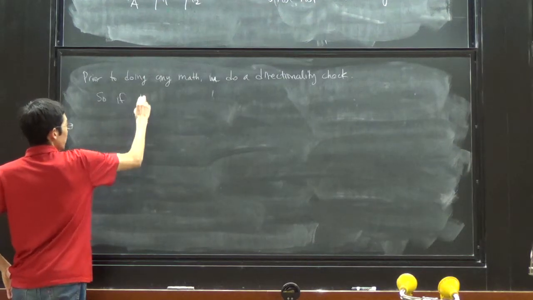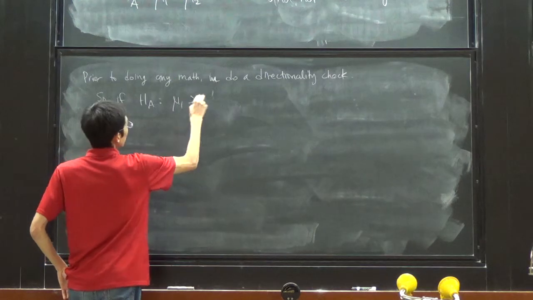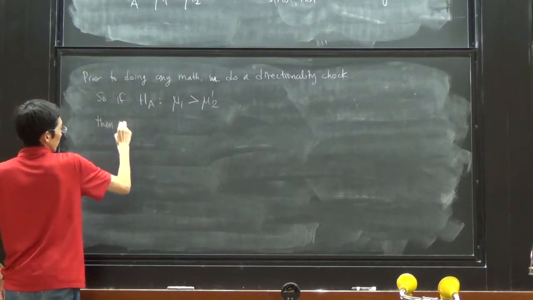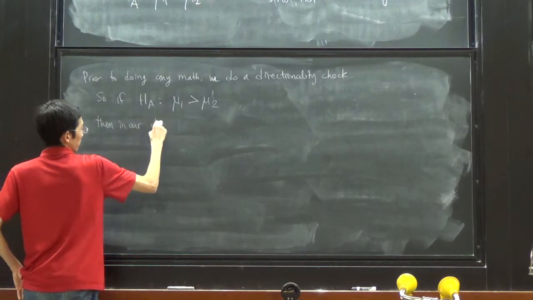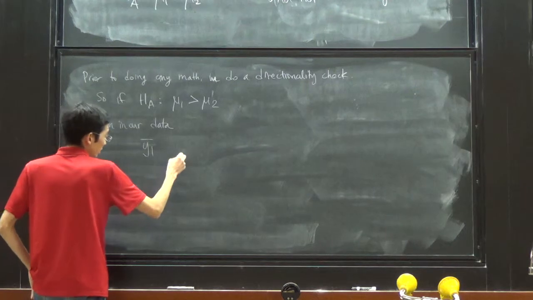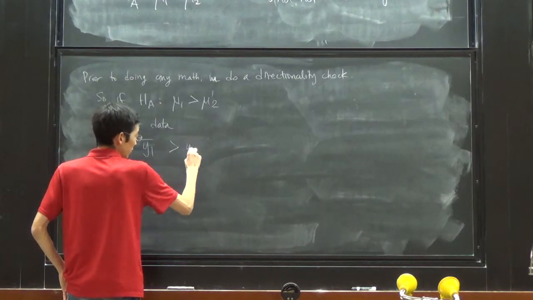If the alternative hypothesis says mu1 is greater than mu2, then in our data, y bar 1 has to be greater than y bar 2.